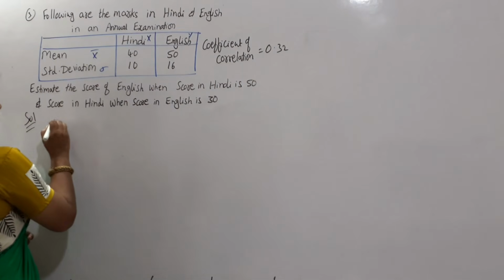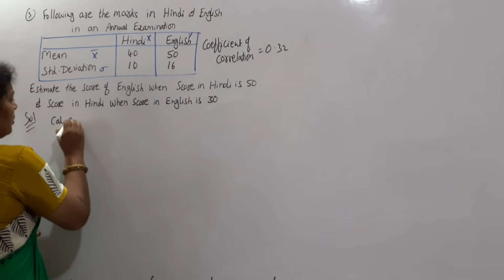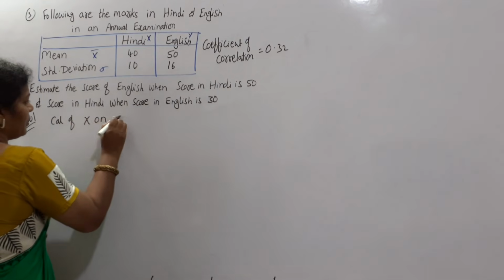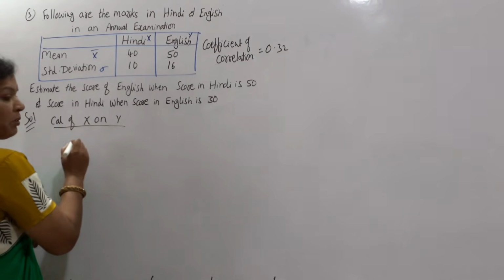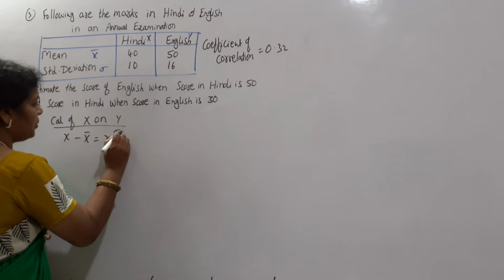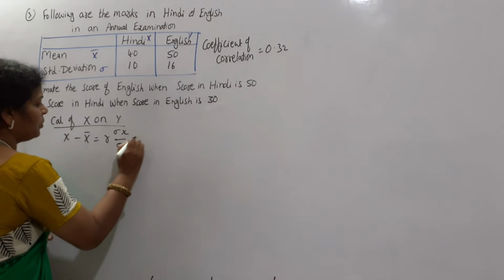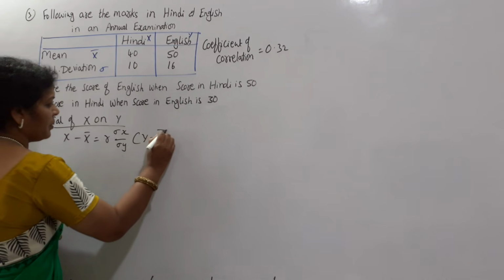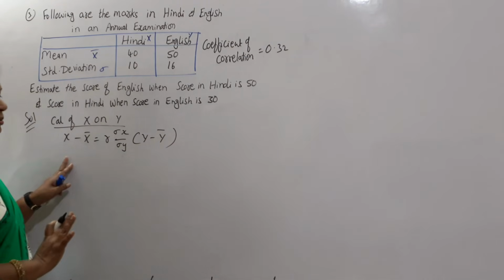Solution. First we will calculate x on y. What is the formula? X minus x bar is equal to r into rho x by rho y into y minus y bar, because here everything is given.